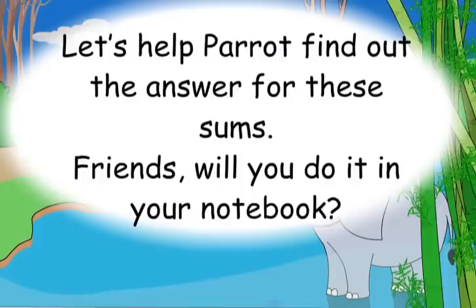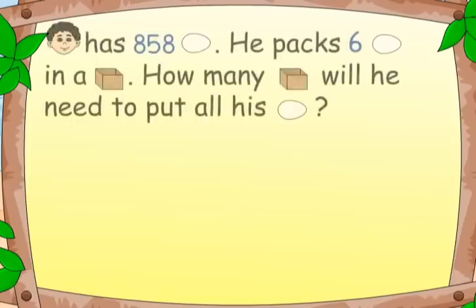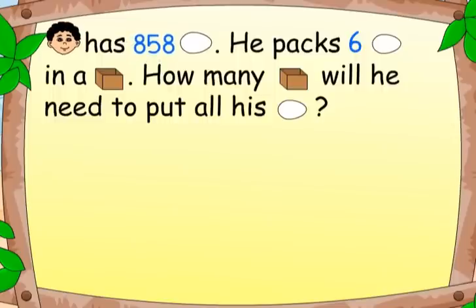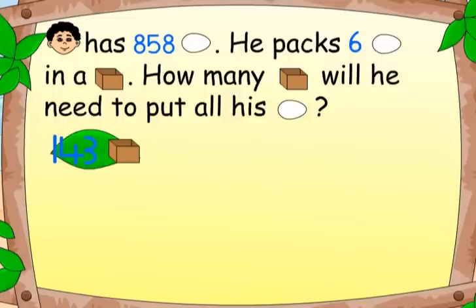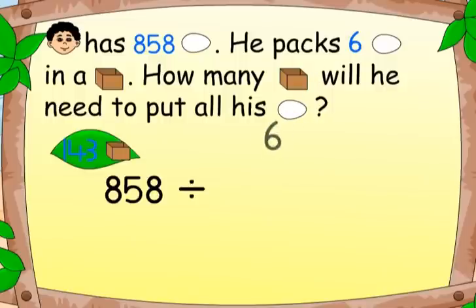Let's help Parrot find out the answers for these sums. Friends, will you do it in your notebook? Salim has 858 eggs. He packs 6 eggs in a box. How many boxes will he need to put all his eggs? 143 boxes, 858 divided by 6.